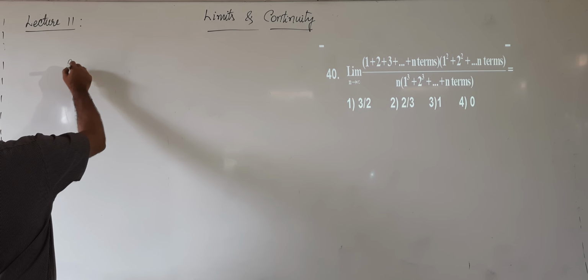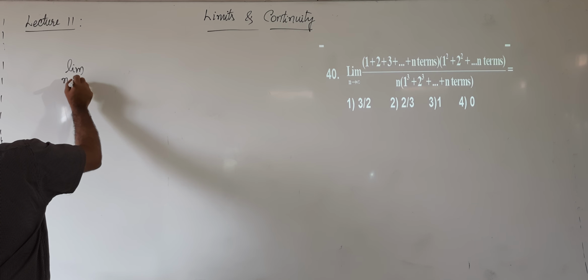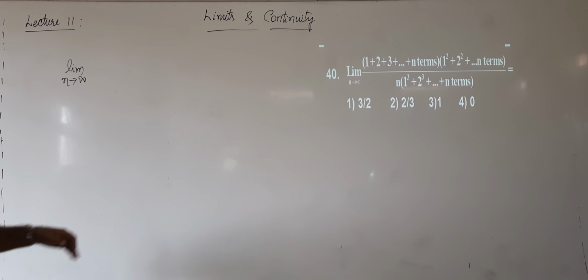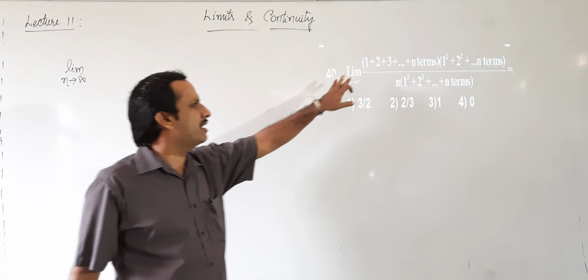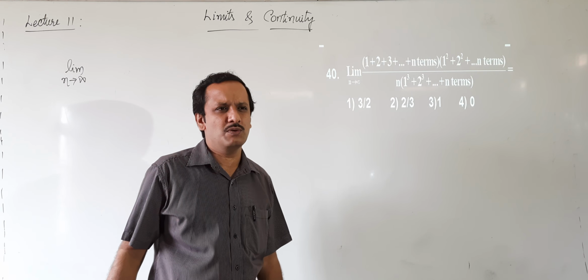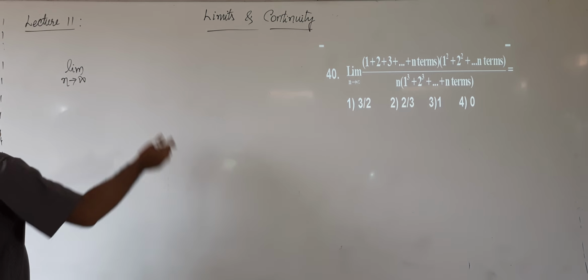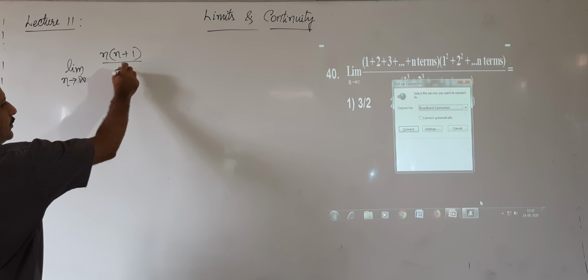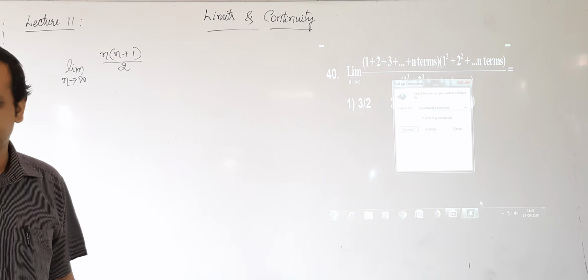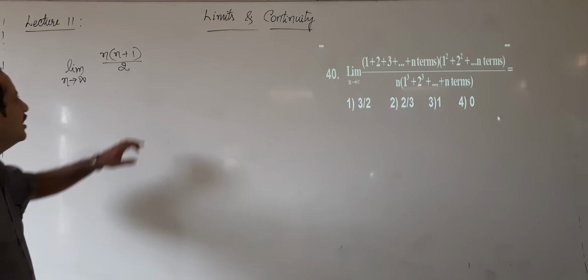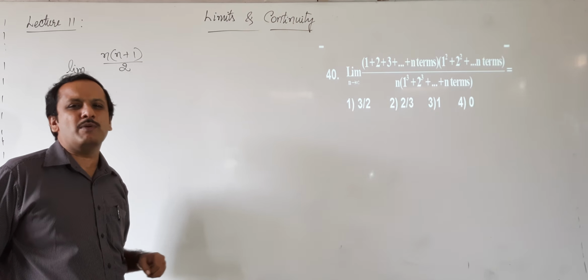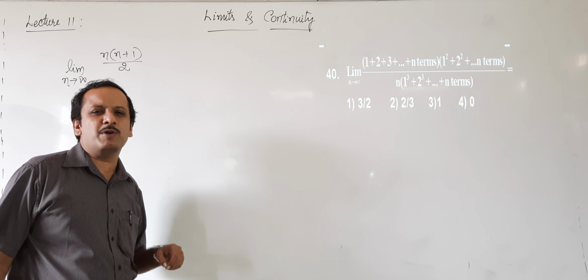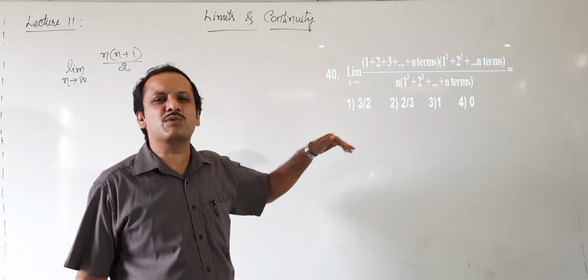Okay, so let's have a look at the numerator. Limit n tends to infinity, 1 plus 2 plus 3 up to n terms can be written as n into n plus 1 divided by 2, into 1 square plus 2 square plus 3 square up to n square.